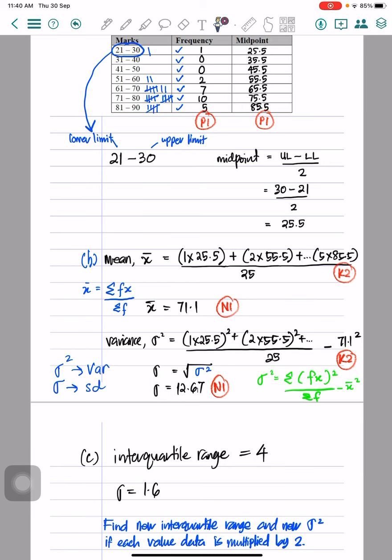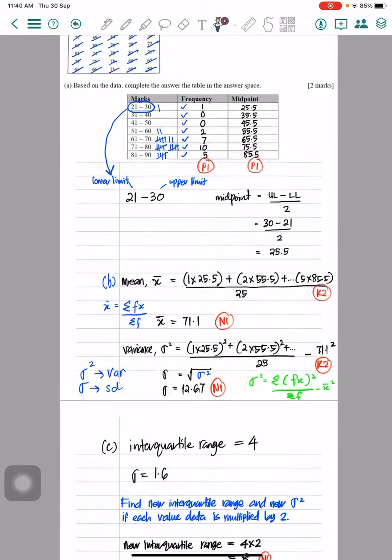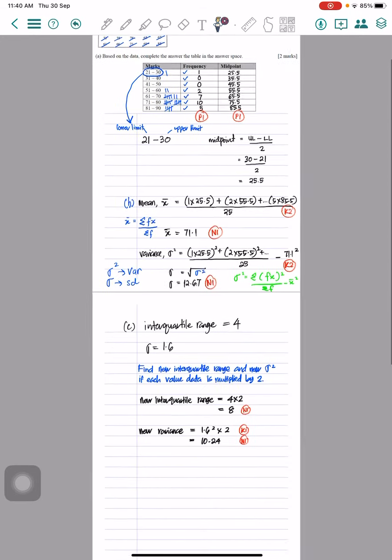Next, question C. From this data, the same question.